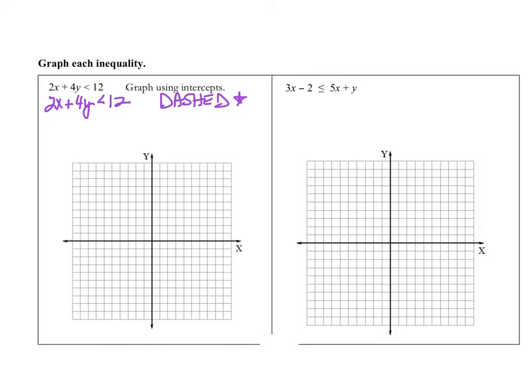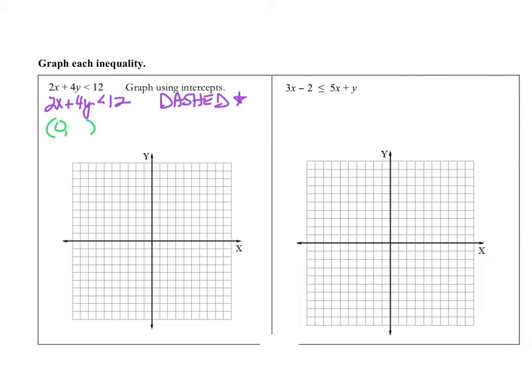We're going to put in 0 for x and figure out the y value. If you put 0 in for x, that would cancel out this term right here, right? So if you cancel out that term, that would leave you with 4y is less than 12.